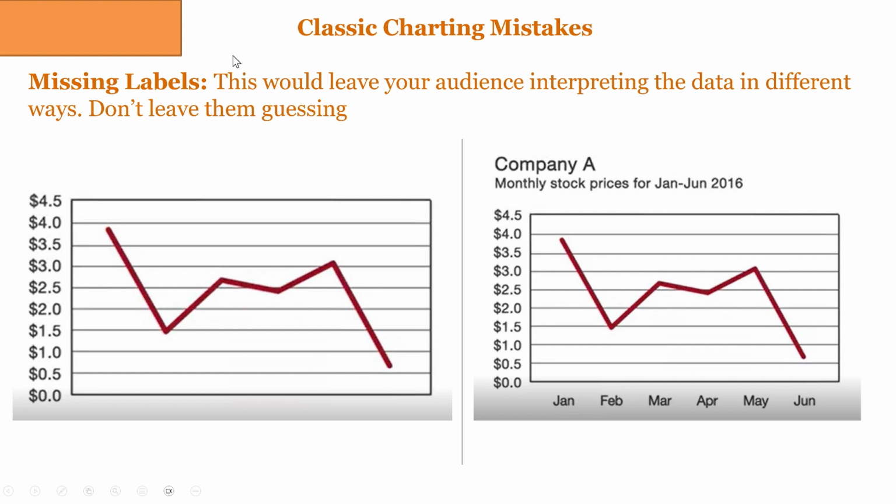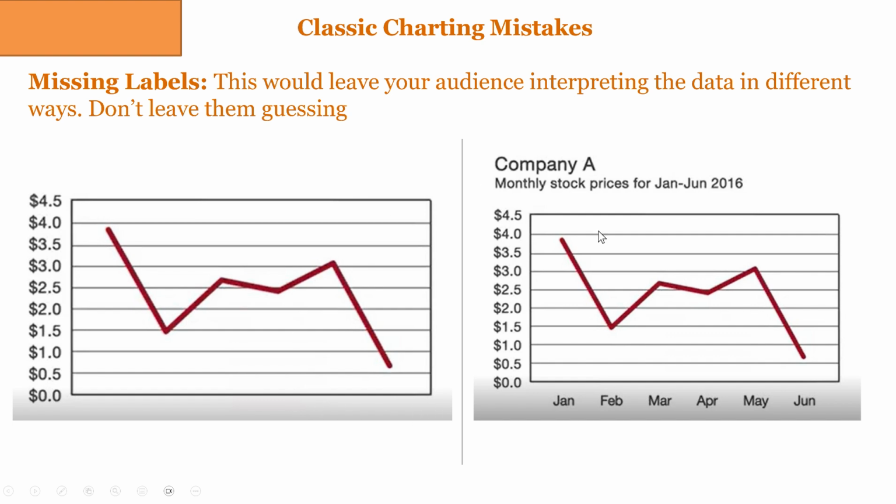Then there are missing labels. This would leave your audience interpreting the data in different ways, so don't leave them guessing. If you look at these particular charts, there's nothing on the bars here, right? There's missing labels, there's no title, and there's no label under here, so you don't know what this chart is plotted against.